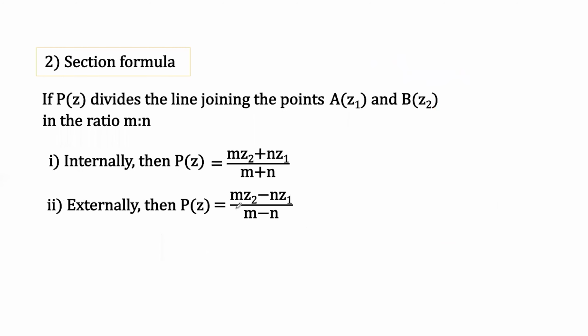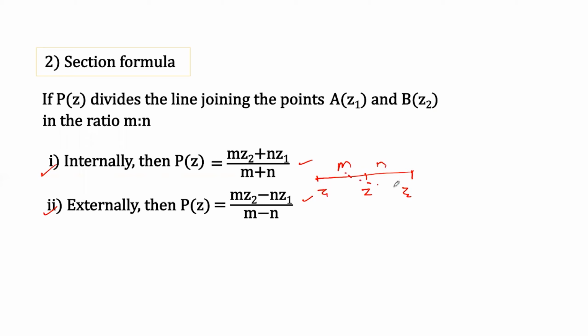Right? Section formula will be the same as we already studied in coordinates, the internal and external, right? M is to N. So remember this thing, if this is Z1 and this is Z2 and the point divides in the ratio M is to N, M is multiplied with Z2. This will be opposite in both cases, right?